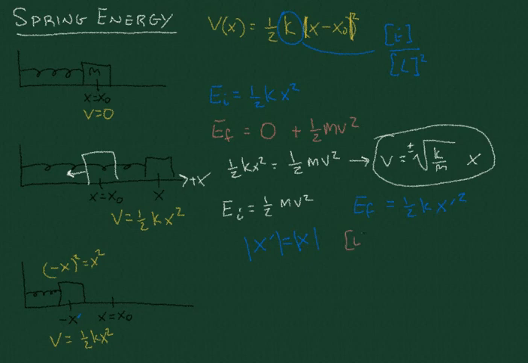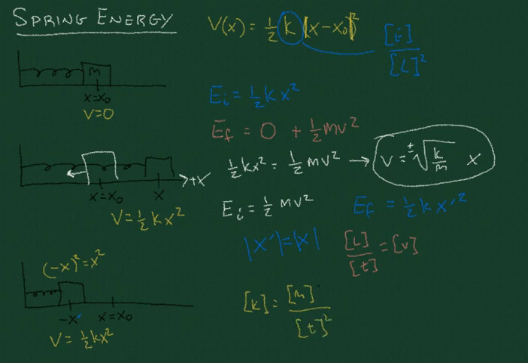Let's see what we have here. We have k, which has units of energy over length squared, so the units of k are mass divided by time squared, right?